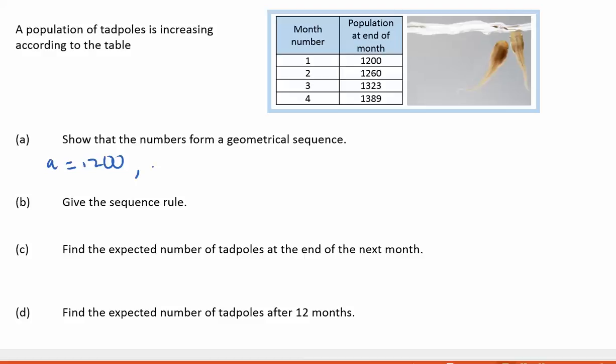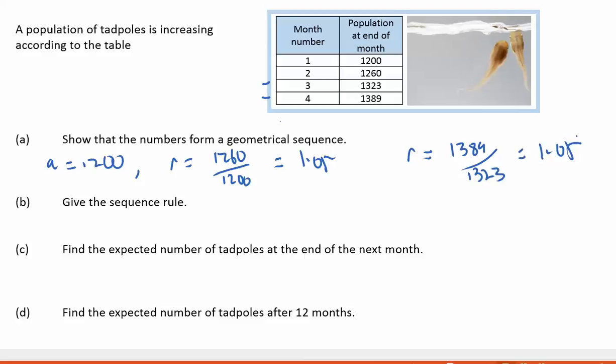And what I'll do, I'll test the second month over the first month and we'll see what we get there as common ratio. Checking that again, with the fourth and the third month, I get exactly the same common ratio.